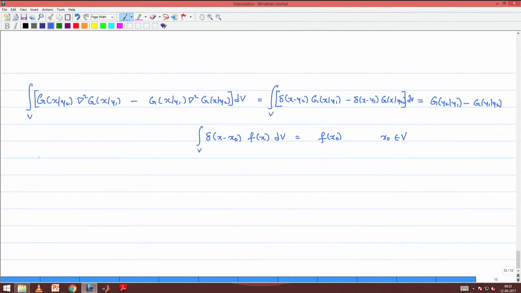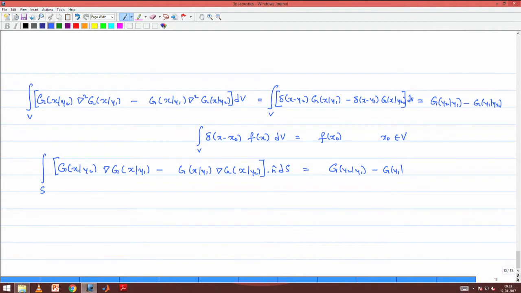So, we will appeal to Green's theorem to reduce the volume integral into a surface integral, which is g(x, y2) gradient of g(x, y1) minus g(x, y1) gradient of g(x, y2), dot n dS, and that must be equal to g(y2, y1) minus g(y1, y2).